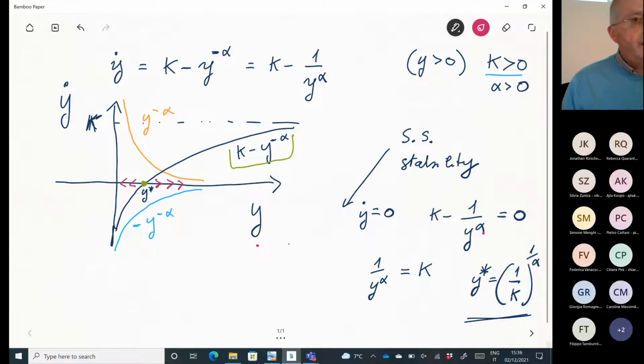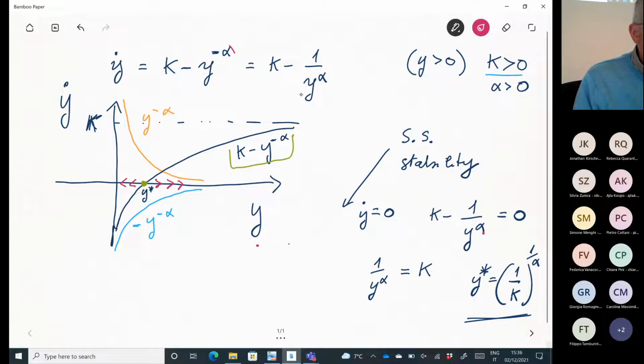But, on the other hand, we have an intensity of emissions at each point in time, okay? So a force that tends to increase the CO2 and an endogenous force that tends to decrease this amount. In this model, the natural rate of decay is modeled in this way, which I think is interesting because 1 over y to the power of alpha says that it is something that depends negatively on the stock of pollution, okay?